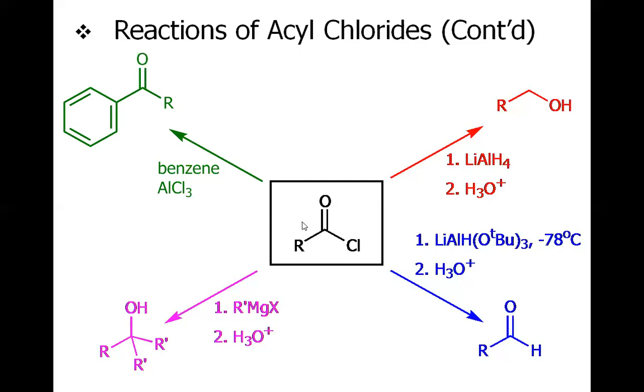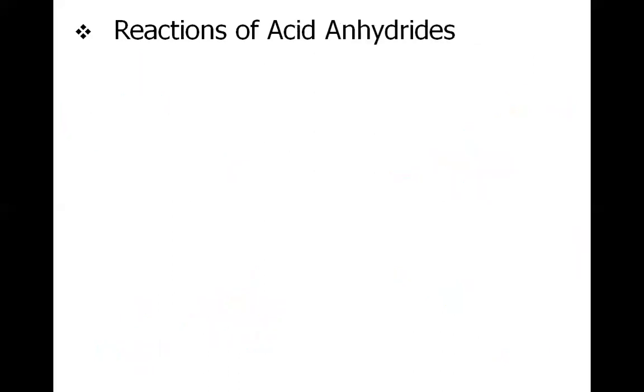And if we activate this acid chloride with aluminum chloride to form the acylium ion and then treat with the benzene, we have this acylated benzene formed, which is called the Friedel-Crafts acylation reaction. We have discussed it under the heading of chemistry of benzene.